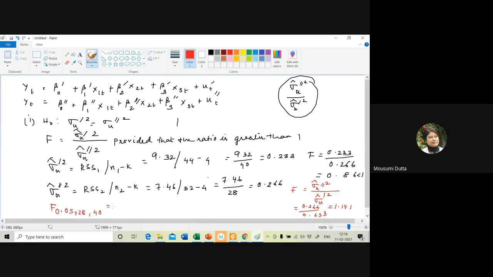This tabular value we need to consider, and this is 1.74. Sorry, 1.74. Your calculated value is 1.14. So are we going to accept H naught or reject H naught? Accept. So we are accepting this.